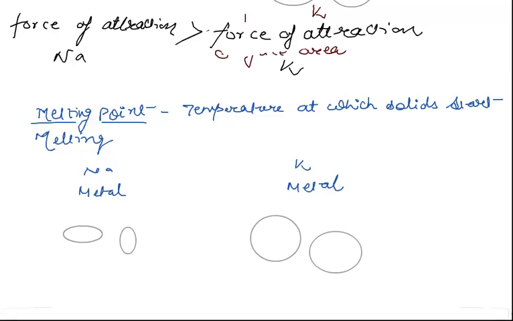So in which case the force of attraction between their atoms will be more? It will be obviously more in sodium and less in potassium. They both have crystalline structure. Why? Because they are metals.